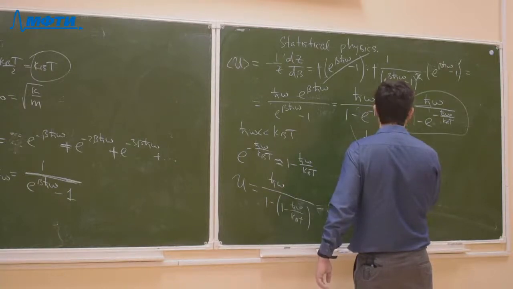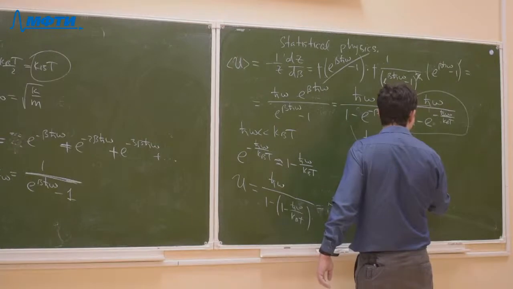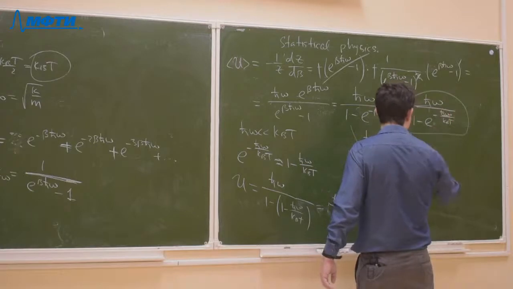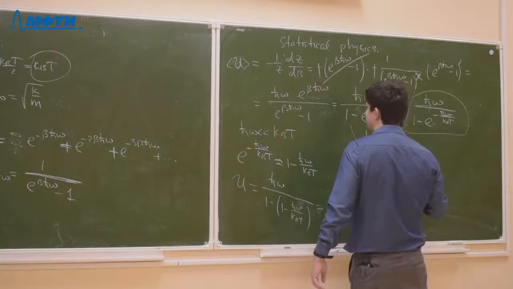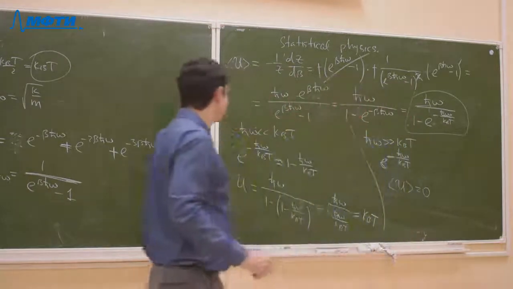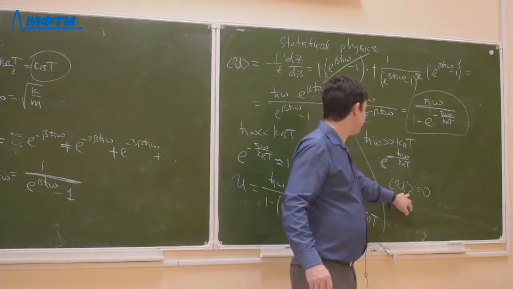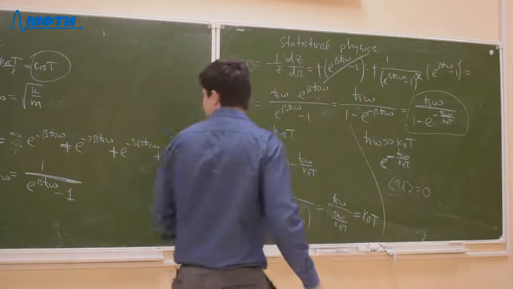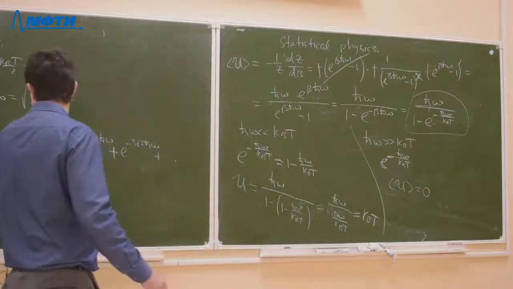So that means that this should be approximately equal to, okay, there is some kind of mistake. There should be some plus here, but I will check later for this. So this quantity becomes very large, and this internal energy becomes equal to 0. So that's what we should have obtained here. This quantity becomes equal to 0.